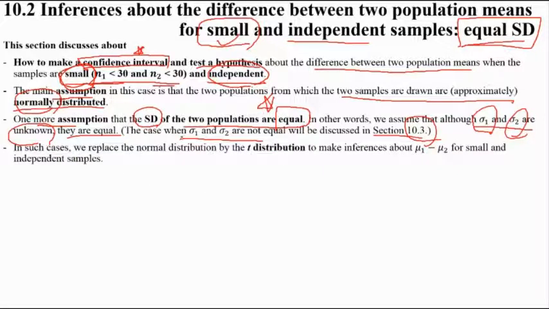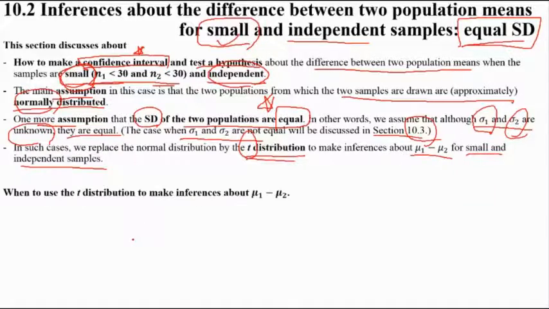If you satisfy these conditions, we're going to use the t distribution. Do you remember? Large sample uses the z distribution, but small sample uses the t distribution. We already talked about this in chapter 8, about sigma 1, sigma 2 and mu 1, mu 2 for small and independent samples.